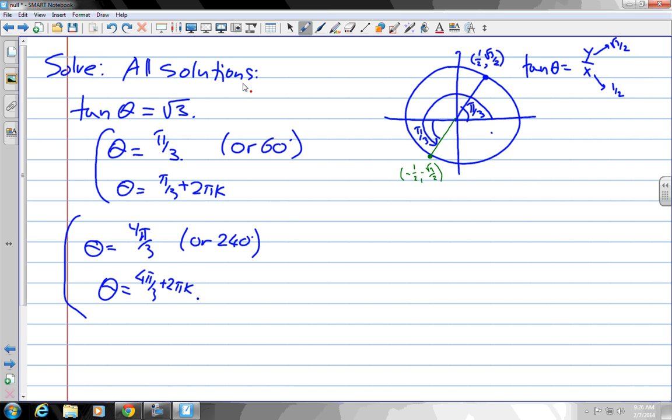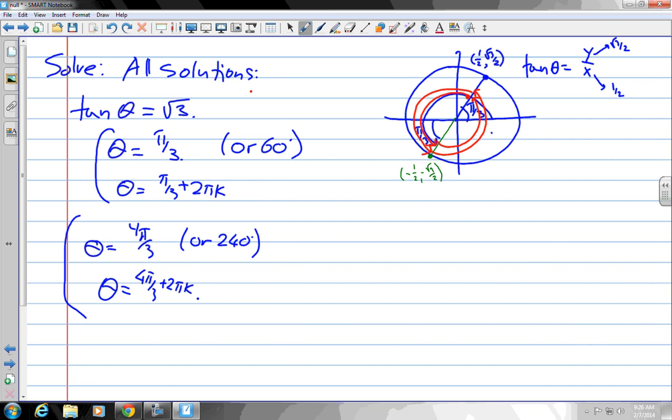If I rotate from the first point to the second point, what is the value of this rotation? Pi, right? It's just a straight line. And then from this point back to that point, that's another pi. And if I do it again, that's pi.